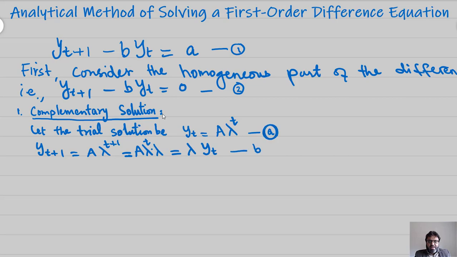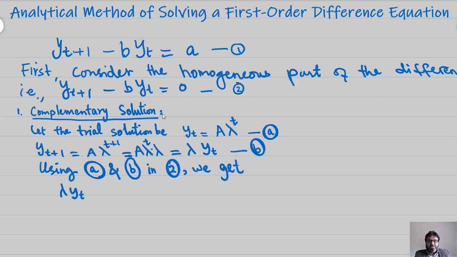Now, by naming these two equations a and b and using them in equation 2, which is the homogeneous equation, we get lambda y_t minus b y_t equals 0. We can take y_t common from this equation and it becomes y_t times (lambda minus b) equals 0.